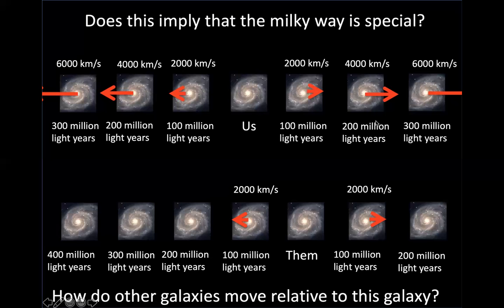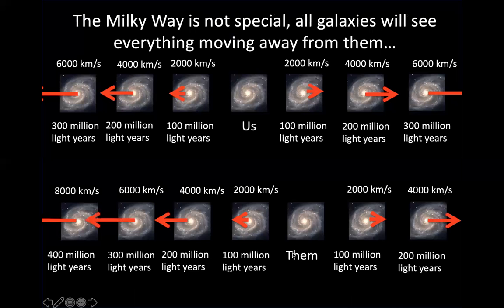All you basically do is add or subtract the appropriate extra velocity vector. And what you will get is that this galaxy sees the same basic behavior as we do. In fact, you can do this for any galaxy. Any one of these sees galaxies moving away from it, with speed increasing with distance from that galaxy.